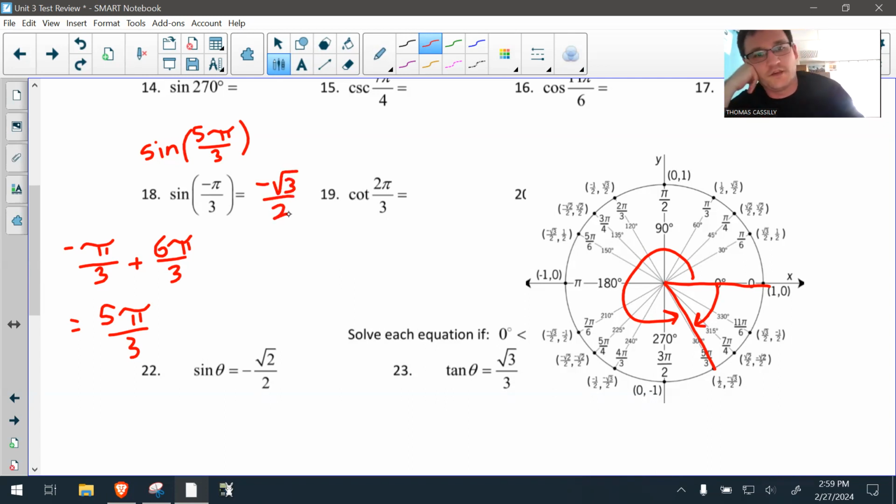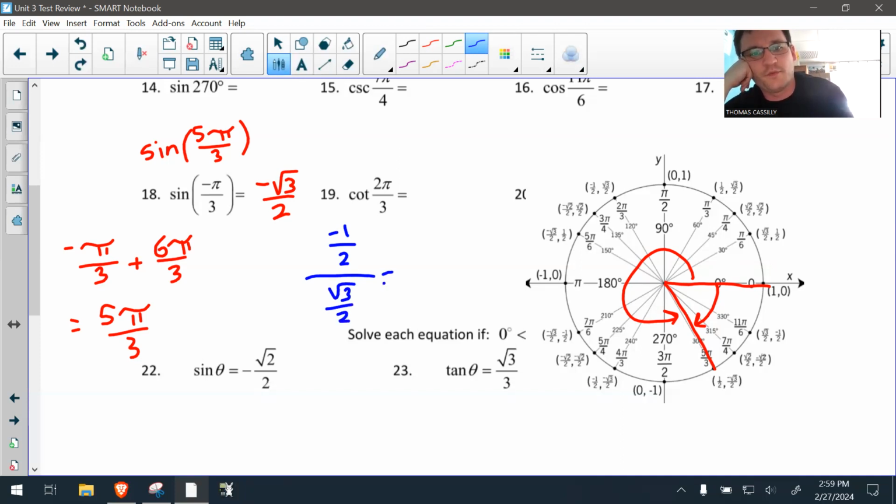All right. The cotangent, keep in mind, tangent is sine over cosine. So the cotangent is cosine divided by sine. So on this one, look for 2 pi over 3. You're going to have negative 1/2 divided by square root of 3 over 2.